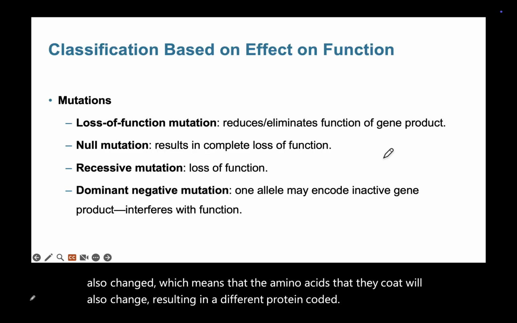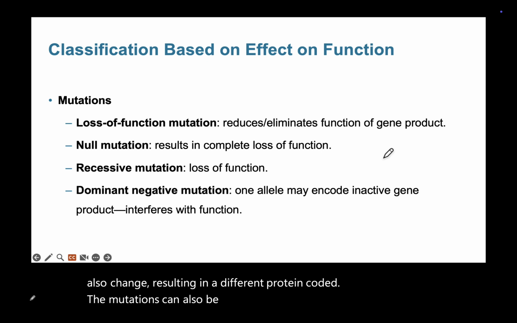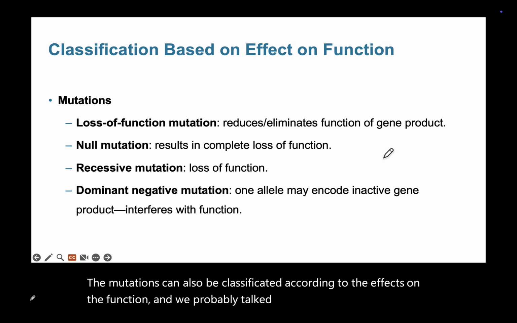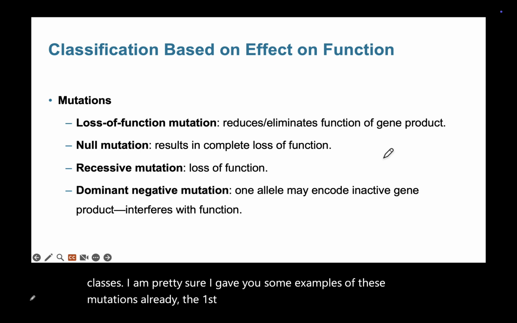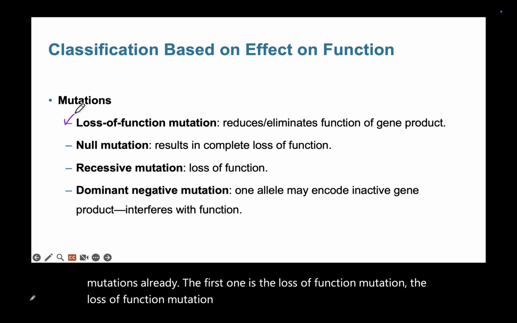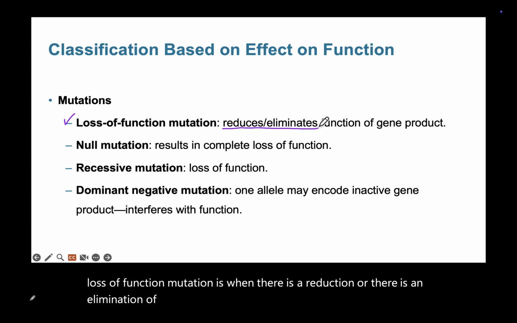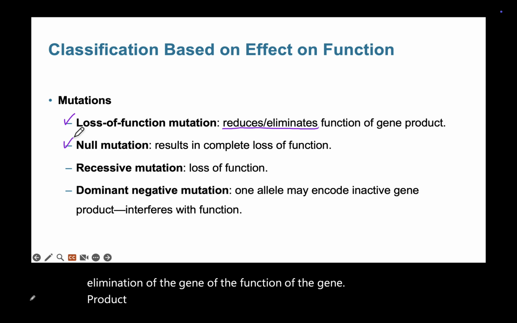The mutations can also be classified according to the effects on the function. And we probably talked about this throughout these classes. I am pretty sure I gave you some examples of these mutations already. The first one is the loss of function mutation. The loss of function mutation is when there is a reduction or an elimination of the function of the gene product. The null mutation is when there is a complete loss of function.